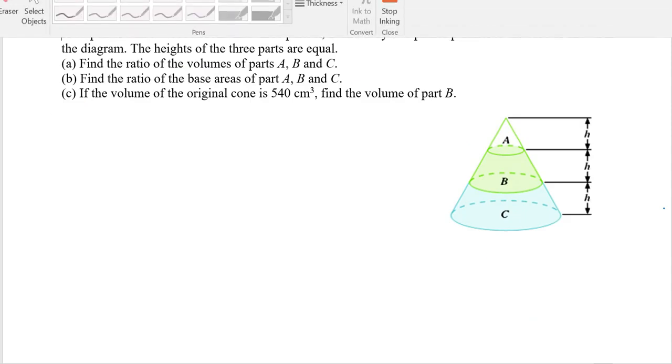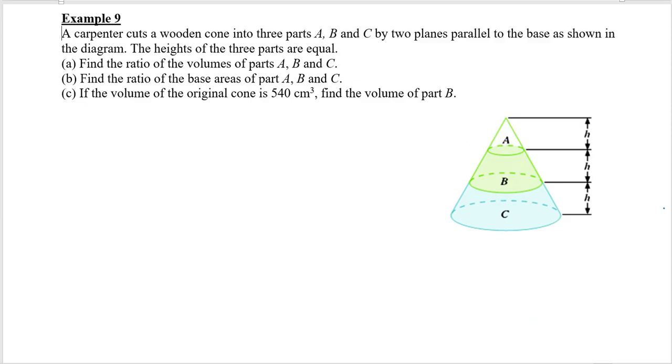Now let us look at example 9. In example 9, a carpenter cuts a wooden cone into 3 parts, A, B, and C. It is mentioned that the planes that are cut are parallel to the base, as shown in the diagram. So what it really means is that the radii are all parallel to each other.